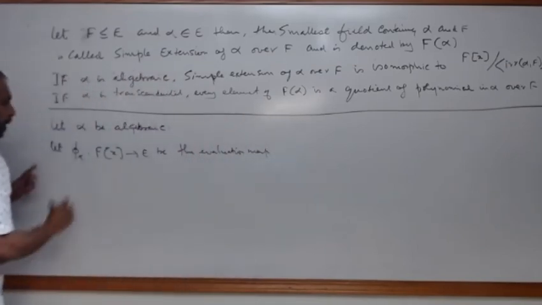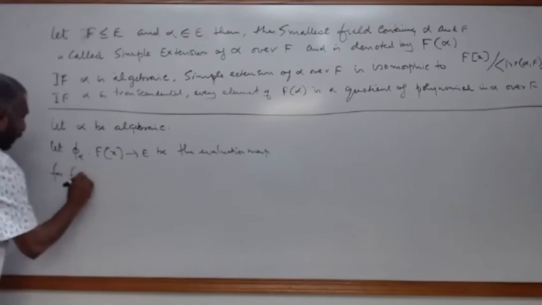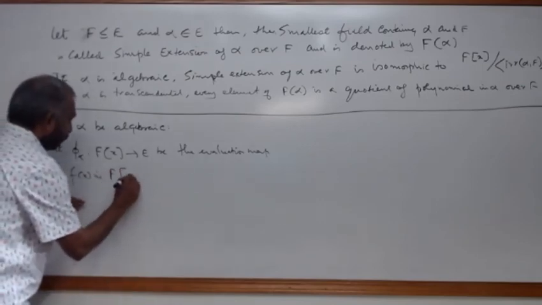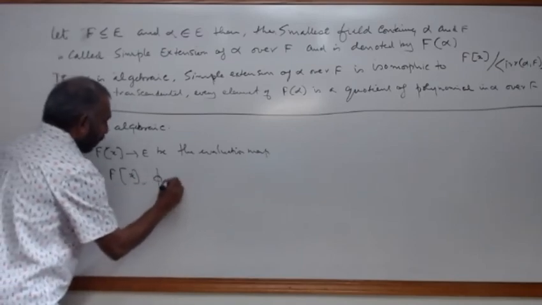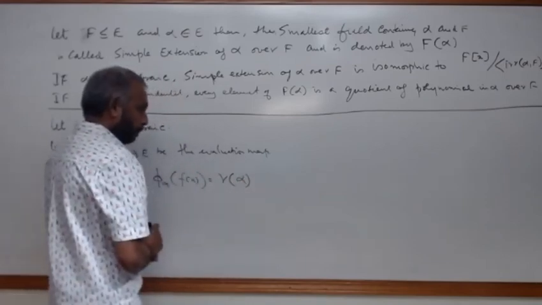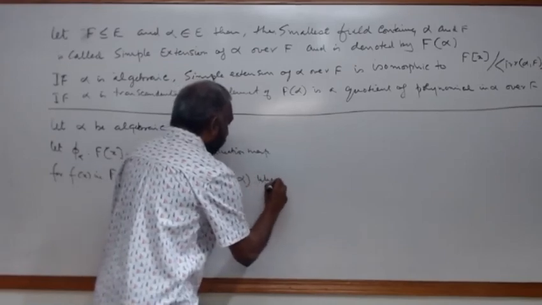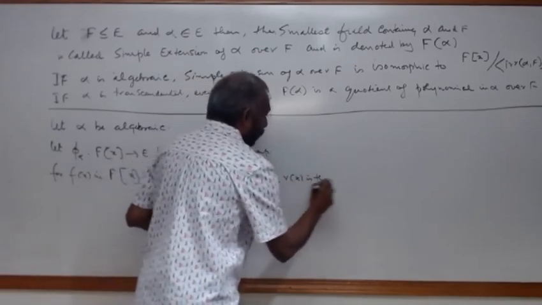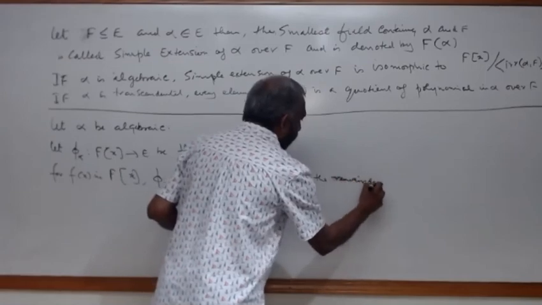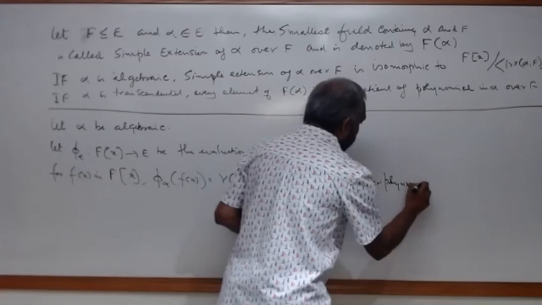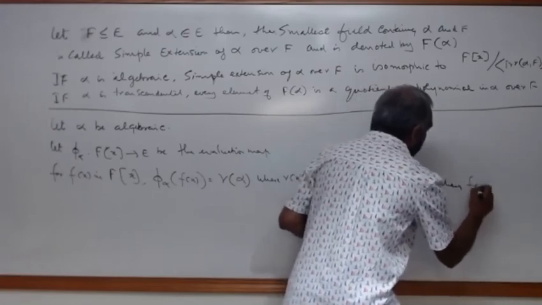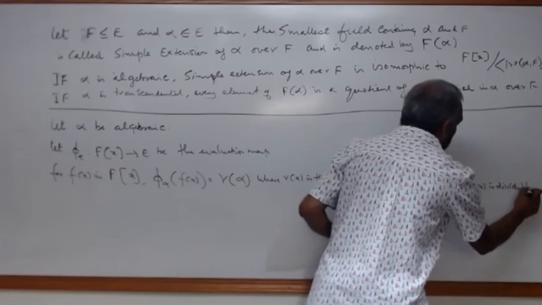So we already found that for f(x) in F[x], phi alpha of f(x) is equal to r(alpha), where r(x) is the remainder polynomial when f(x) is divided by p(x).